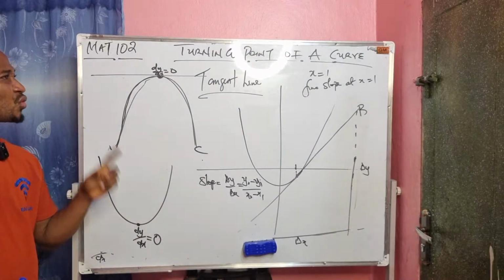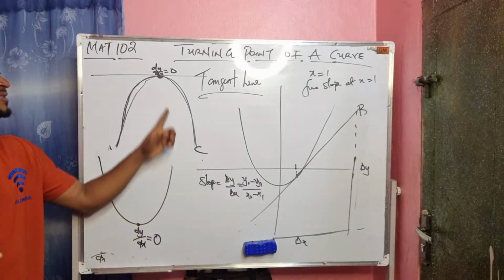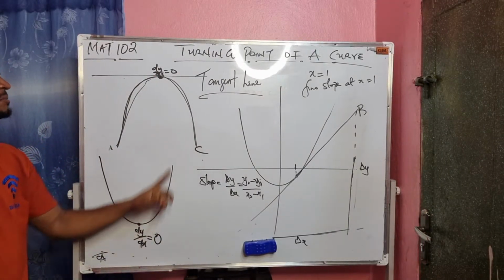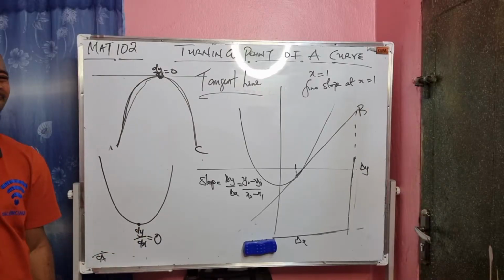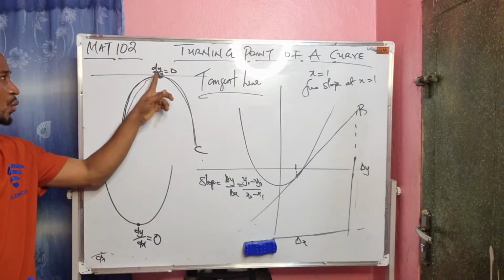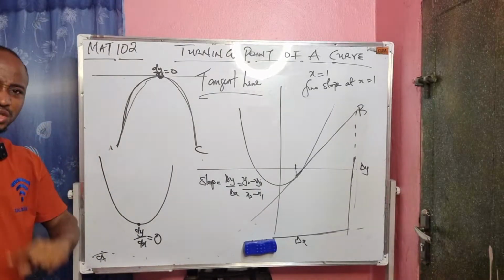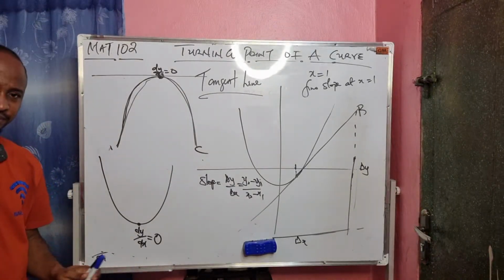There are 2 types of turning point of a curve: the maximum and the minimum. But don't forget that at both the maximum and the minimum, dy/dx must be equal to 0. We call this condition the necessary condition.